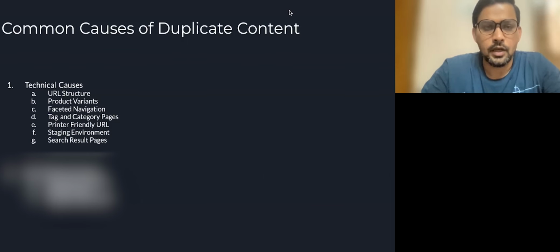For example, a URL, let's say www.example.com/a, and another URL www.example.com/a/ will be treated as two different URLs. Logically they are one URL, but technically they are two different URLs if none of them is canonicalized back to the original version of the URL.